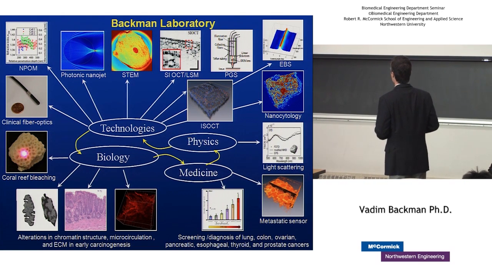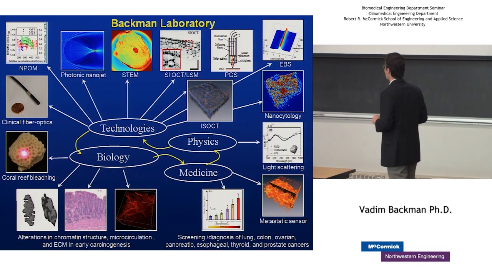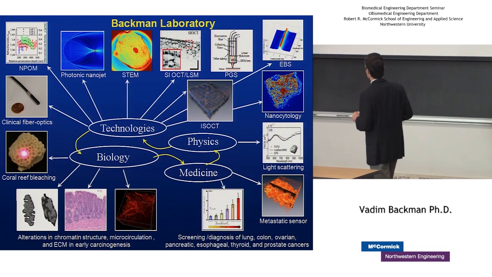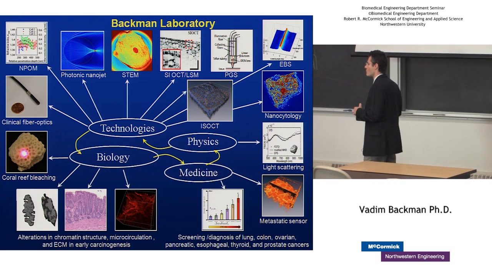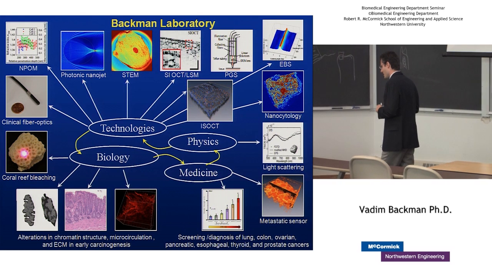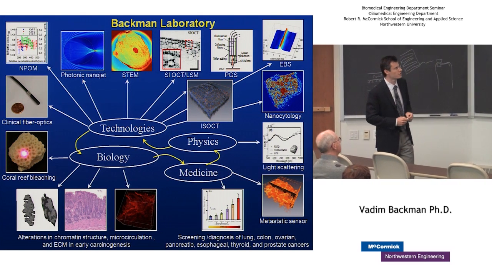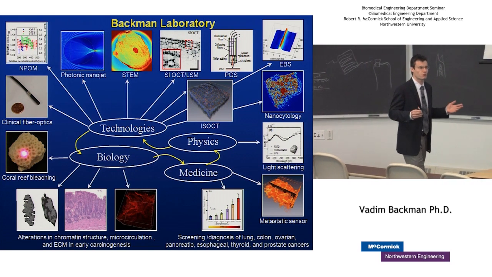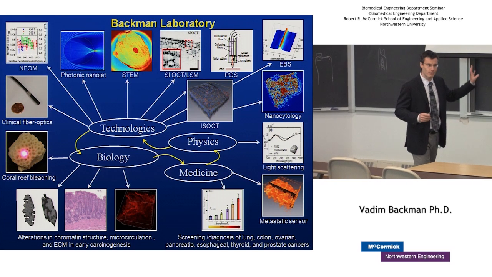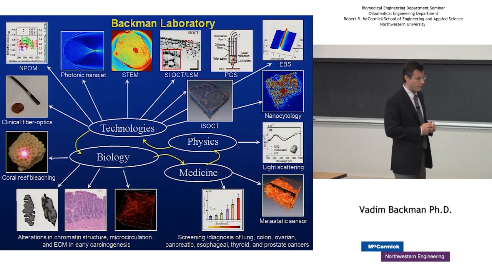Then we use these technologies to understand new biology, including things as diverse as alterations in chromatin structure, microcirculation, or the collagen matrix in the early stages of carcinogenesis, and things such as answering why coral reefs bleach. I'm not going to talk about that, but we work on several different fronts here.